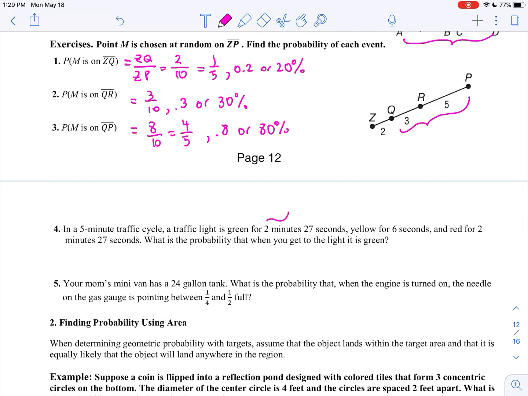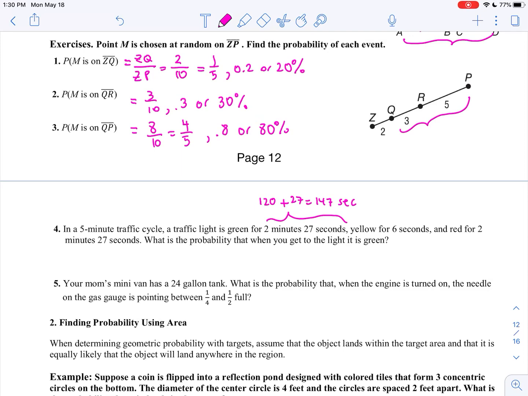In the case of the time units of measure here, we have minutes and seconds. So we want to be able to convert to one or the other. I'm going to pick seconds. There are 60 seconds in a minute, which makes 2 minutes 120 seconds plus the 27, which is 147 seconds.